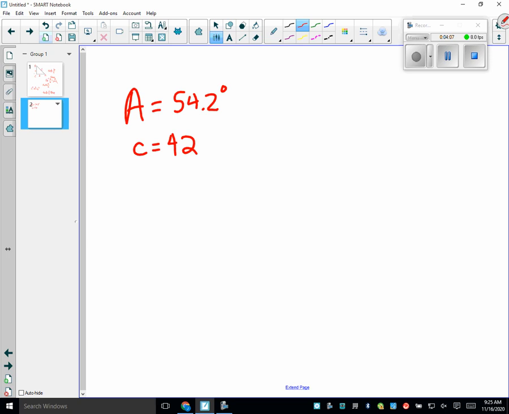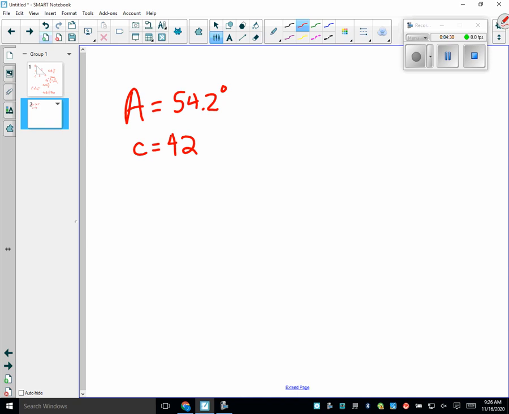All right. Solve the triangle. With that much information, solve the triangle means find every angle and every side. Is it a right triangle? Yeah.